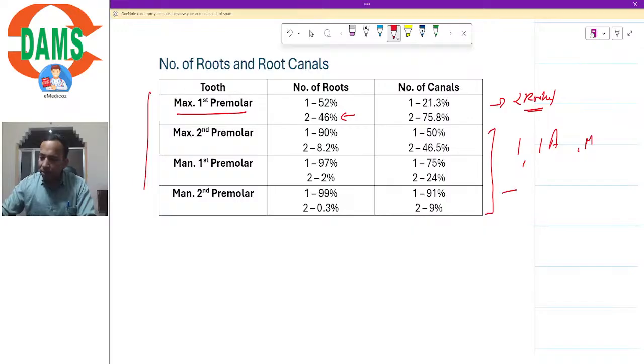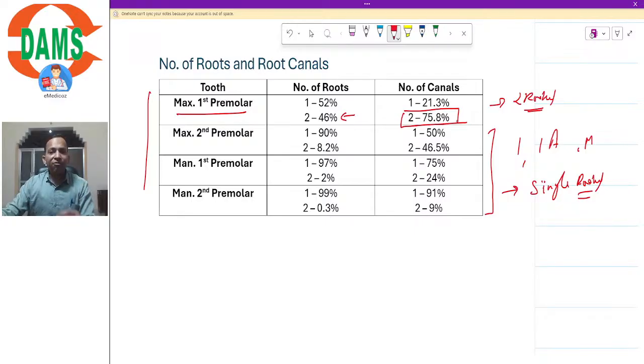The remaining three premolars are single-rooted. The maxillary first premolar usually has two canals, usually bifurcated canals. In 75.8% cases there are two canals inside it. Clear? So it is considered a two-rooted tooth. All the others are single-rooted.